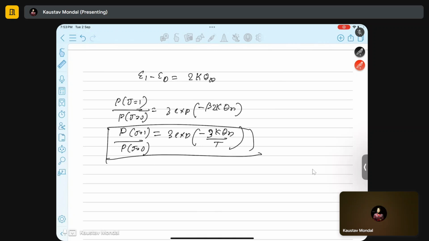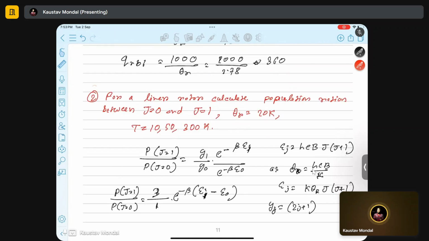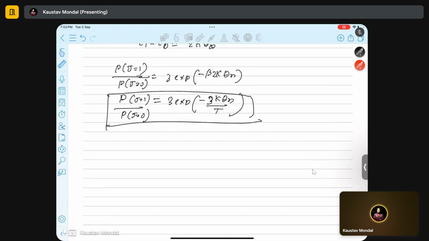Okay, now in the problem itself it has been asked to calculate the fraction at particular temperatures that are given. In order to do that, first let's evaluate for T equal to 10 Kelvin.